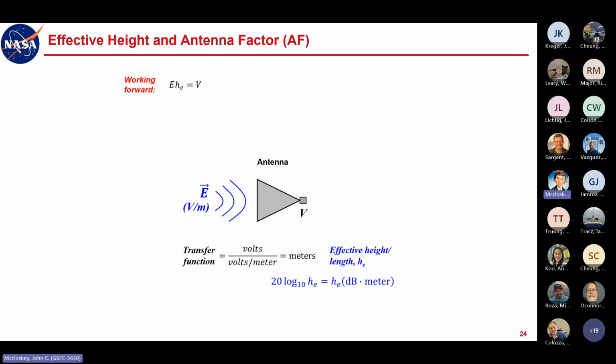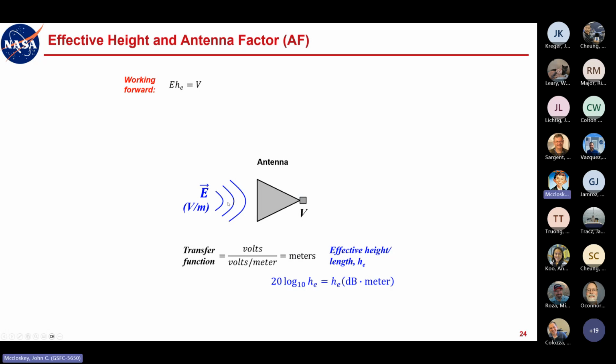So the way I like to describe this is, first, if you're working forward, in terms of how the energy is propagating and turning into an electrical signal that you can measure, you have an incident electric field.